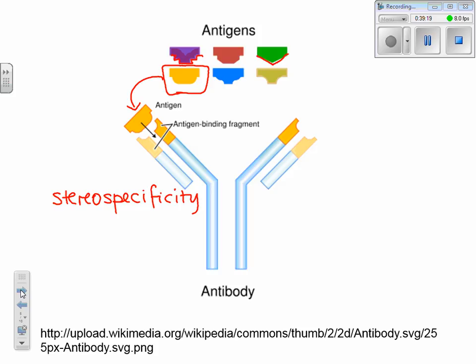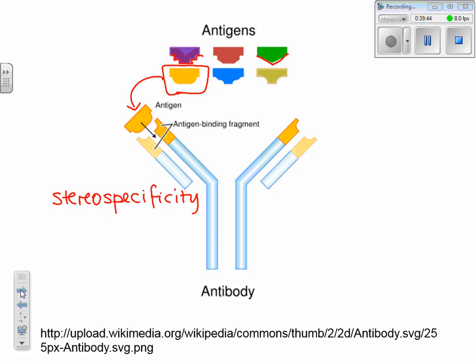You've got to produce these once the antigen gets into the body. They won't just be there. It's the presence of the antigen that is going to cause the production of a stereospecific antibody. That's the key to this. Some people are better at it than others. Some people fight infections much more quickly than others, don't they?